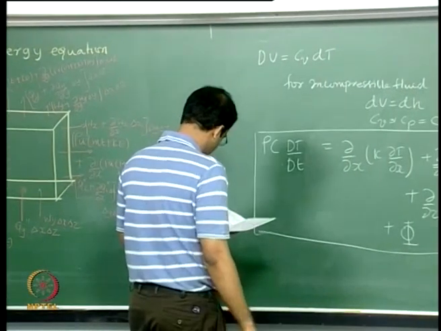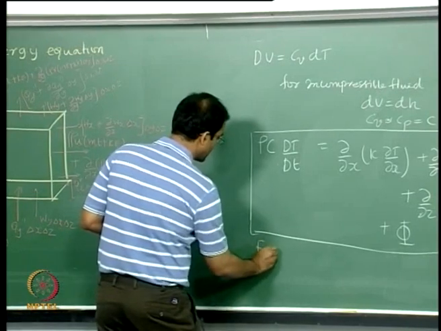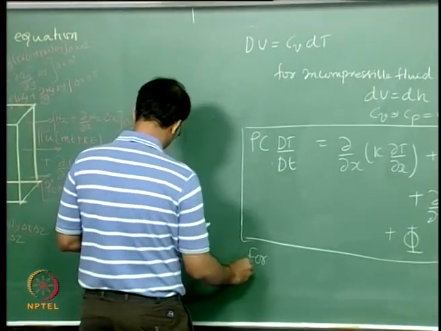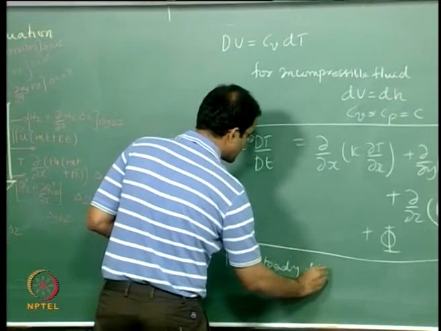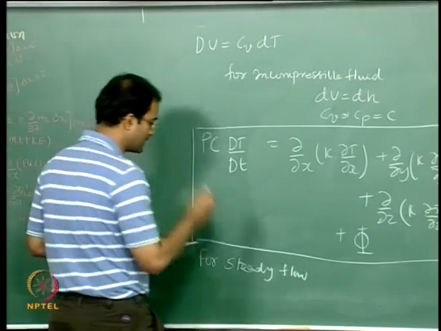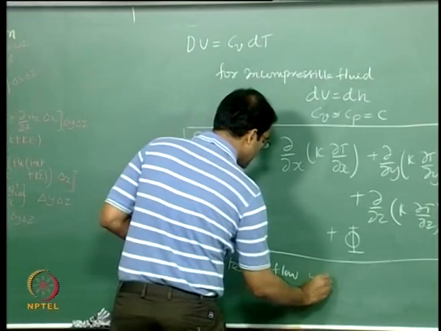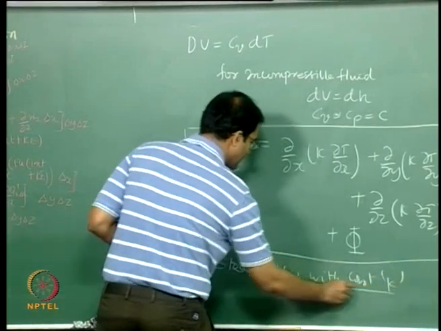Alright. So for steady flows, as a first approximation, I am going to reduce this incompressible energy equation for steady flow under the constant property assumption, that my thermal conductivity is invariant of position, with uniform property everywhere.